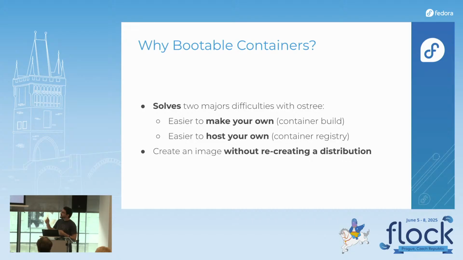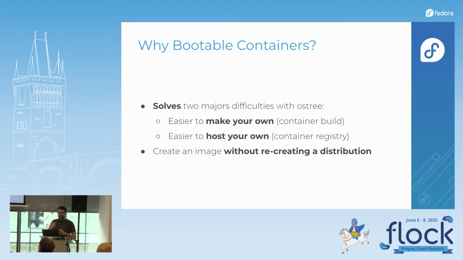The second one, I missed the order, sorry. The first one, that was the second one. The first one is that it's much easier to make your own. Right now, if you want to build your own OSTree Silverblue variant, your own Atomic Desktop variant, it's a specific process, and that makes it a little difficult to get started.